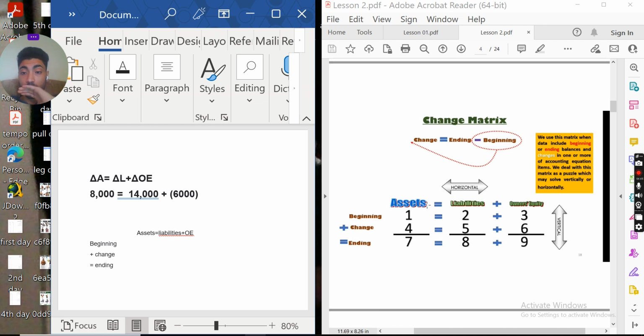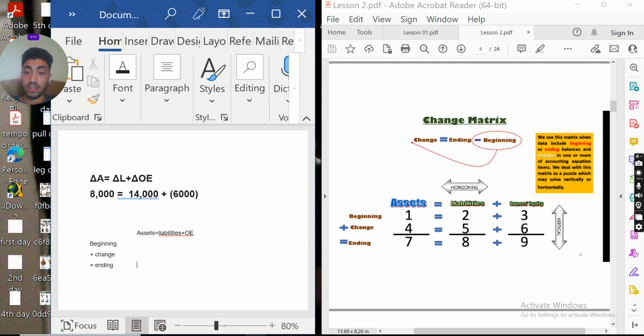Horizontally and vertically. Horizontally we write the basic accounting equation, assets equal liabilities plus owner's equity, and vertically it's the equation itself. Beginning of the equation plus change, what happened in the equation, and the ending, what results do we have.